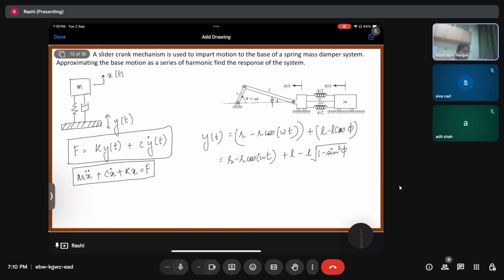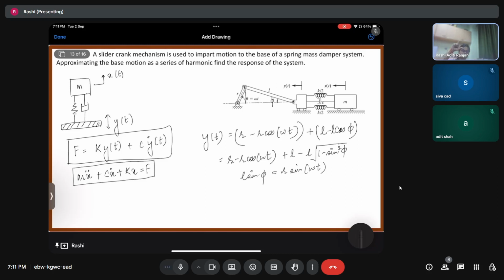Okay. Now what do we know? We know that L into sine of phi is equal to R into sine of omega t. It is always going to be satisfied because if we make a straight line over here, this is what we are going to get.